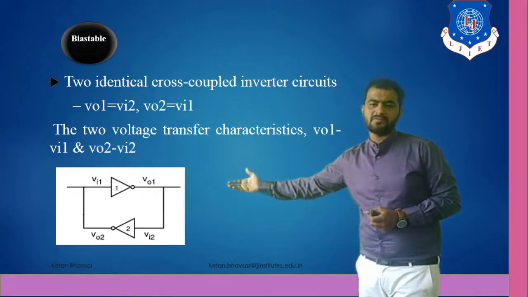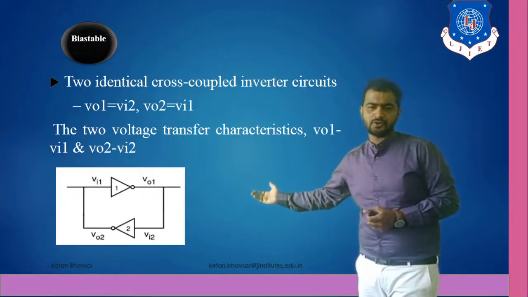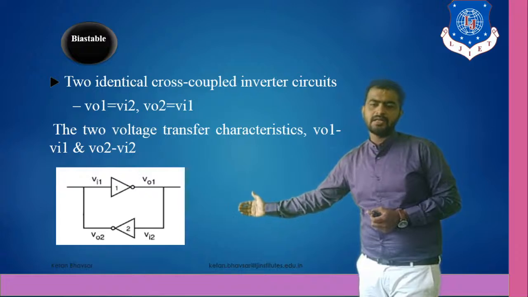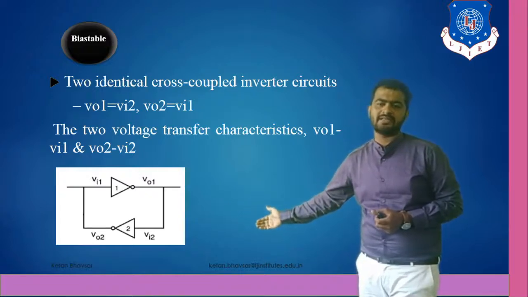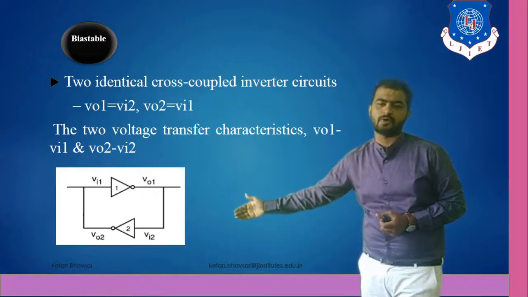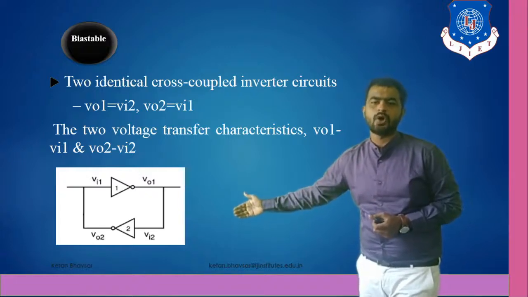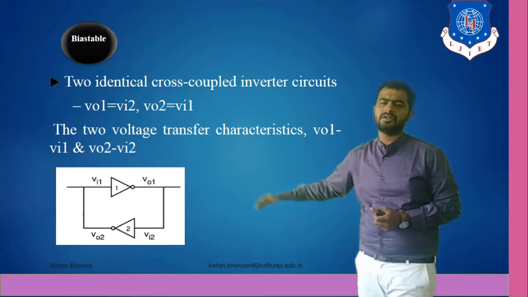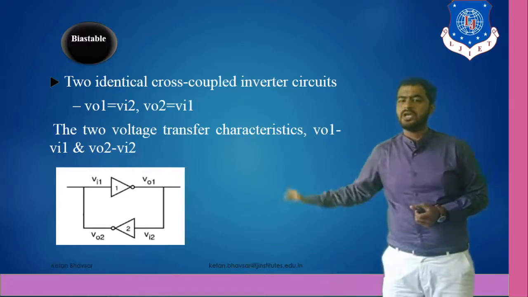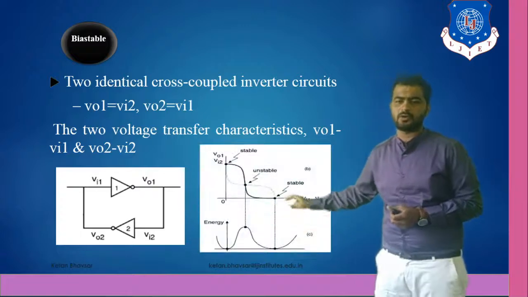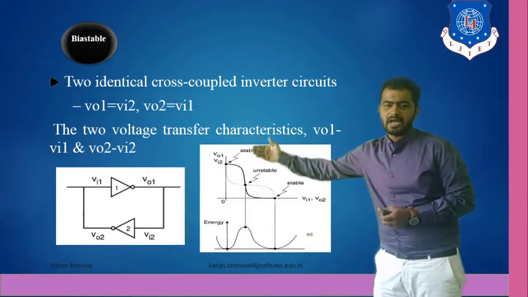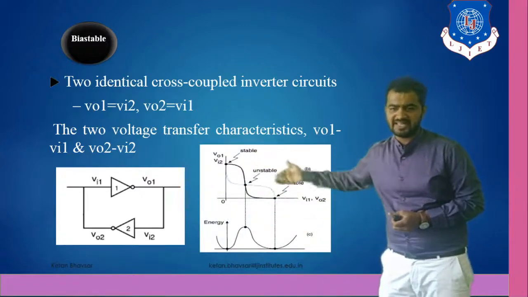The inverter input VI1 gives output VO1, and we apply that output to the next inverter input, VI2, then we generate the output VO2, then again we apply it to VI1. So there are two operating points and two outputs generated, either 1 or 0.